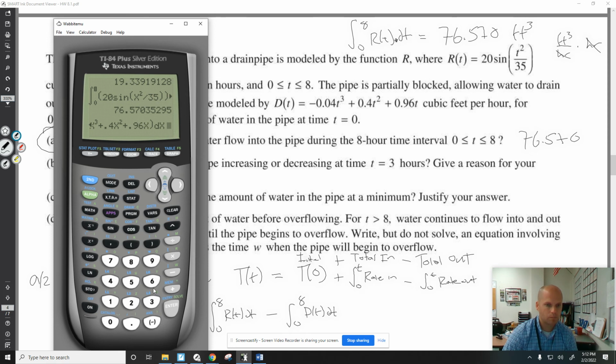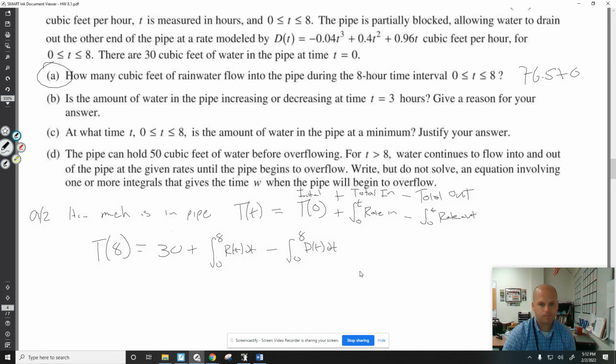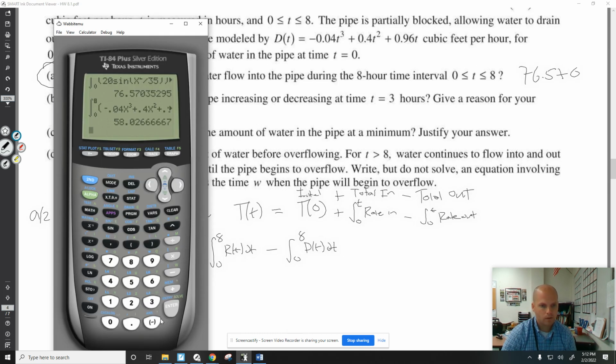Unfortunately, these calculator problems are going to be more intensive. So 30 plus my total in, the accumulation of my velocity in. My calculator does that. Minus the accumulation of my velocity out. Boom. 48.543.